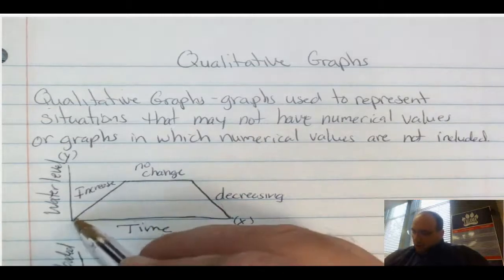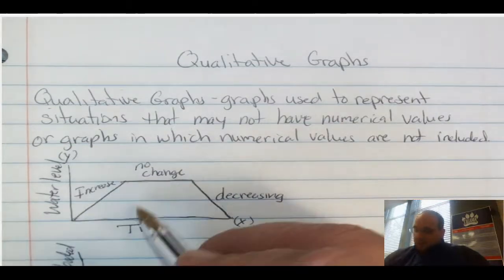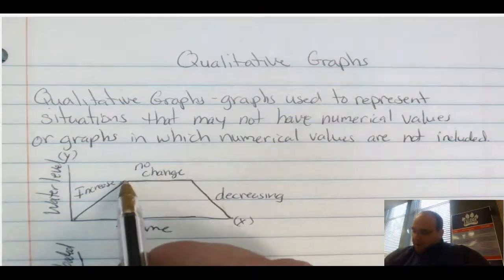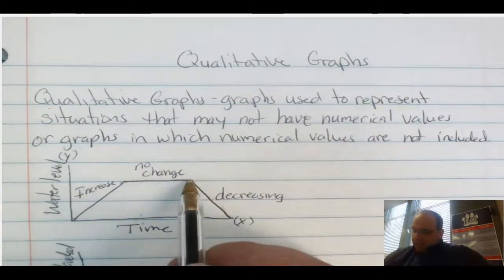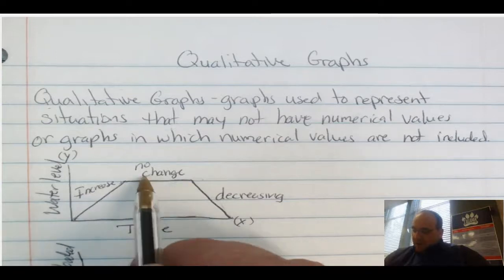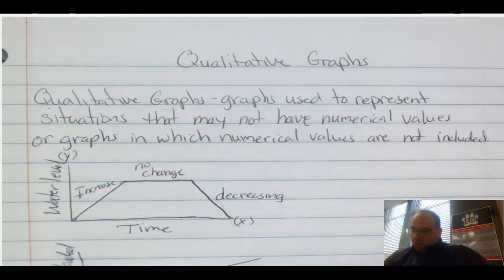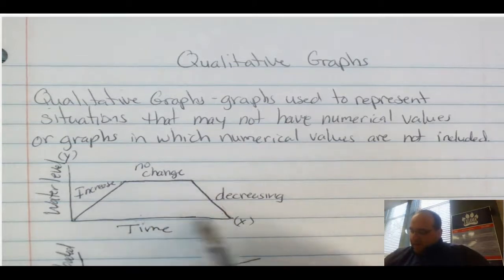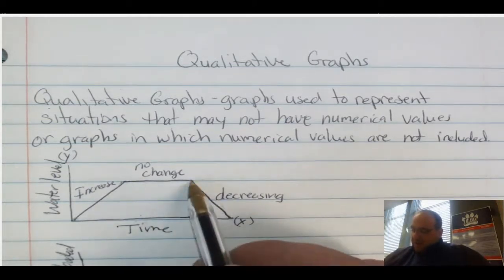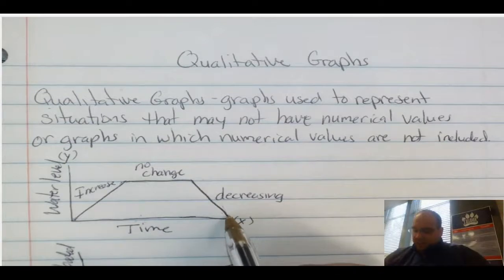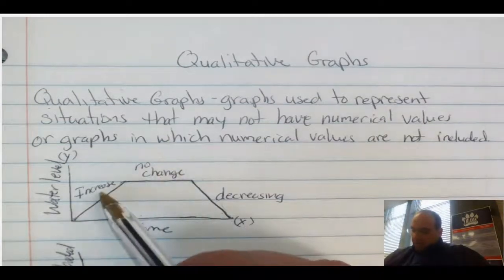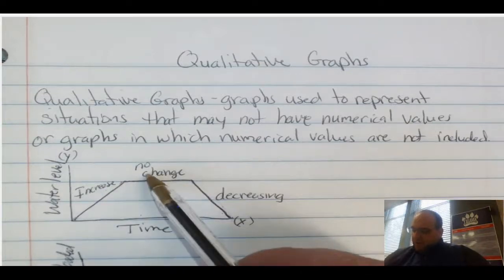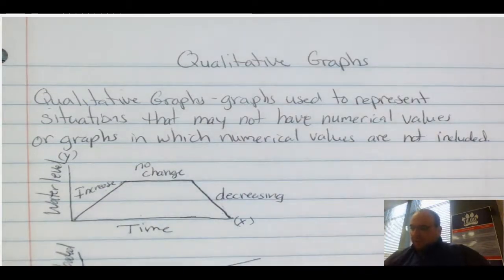So the water level was increasing as the time was increasing when I was filling the bathtub. The time was increasing, but the water level stayed the same, so there was no change in the water level. And then lastly, the time continued to increase, but the water level was decreasing, all right? So three words that we're going to use to help describe these qualitative graphs are increase, no change, and decreasing, okay?